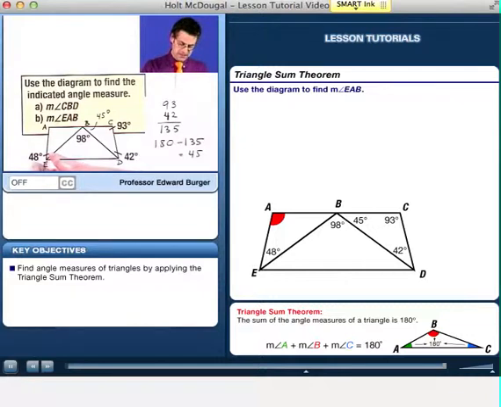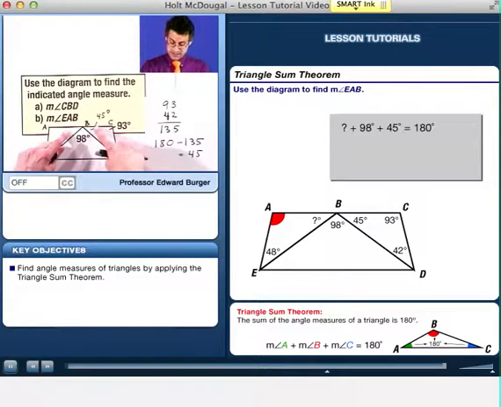I know the measure of this angle is 48. That's great. But I don't know the measure of this angle yet. I notice that all of these angles, this angle, that angle, and this angle, will add up to 180 degrees because they all lie against this line, AC.